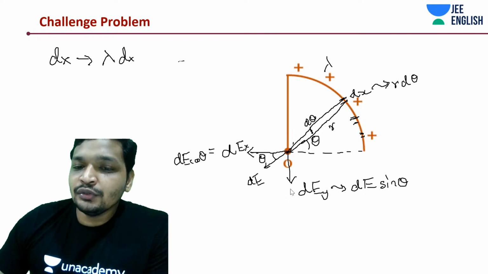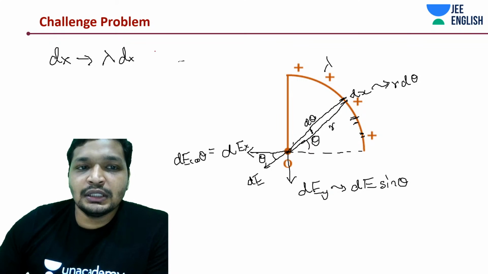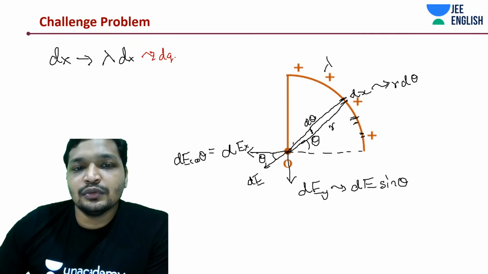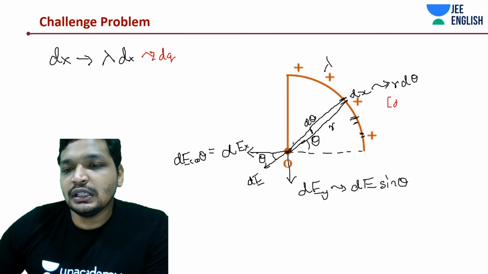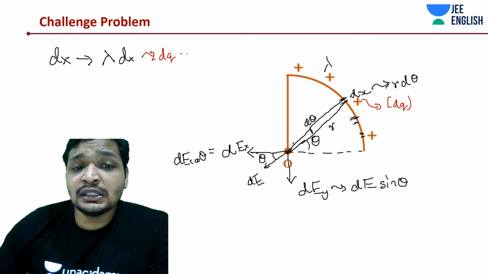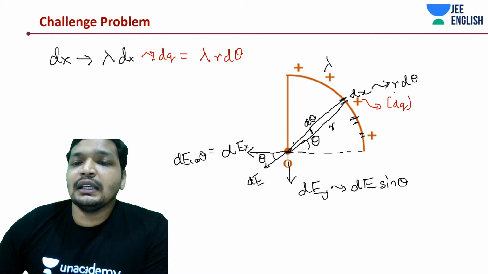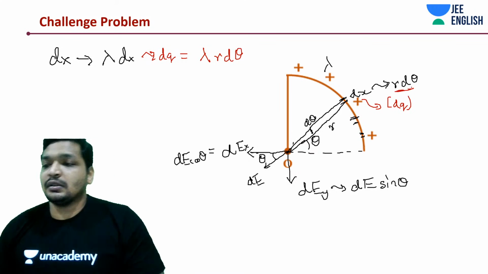Now let's get into the calculation part of it. This element has dq. And now how much is this dq? Lambda into r d theta, since dx is r d theta, that small element width.